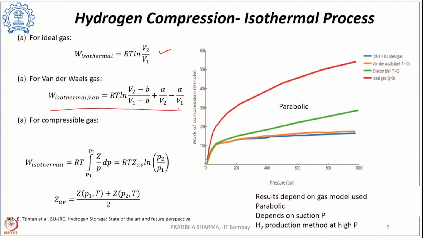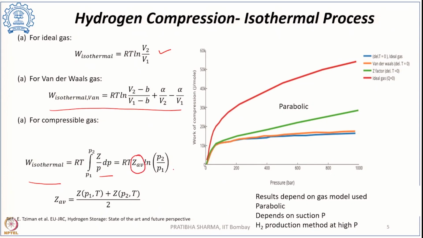However, if we include the compressibility factor as the deviation between the real and ideal gas behavior, we can write the isothermal compression work as RT integration over the initial pressure to final pressure, compressibility factor Z upon P integrated over dP. So, RT integration P1 to P2 Z upon P dP. On integration we can get a value of RT Z average ln of P2 upon P1, so the pressure ratio. Now, again this Z average is the average compressibility factor.